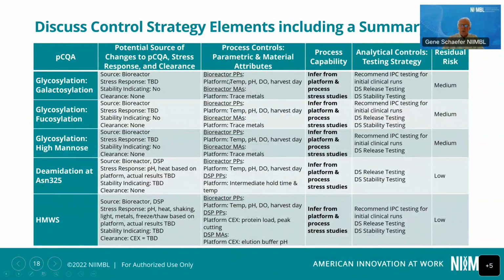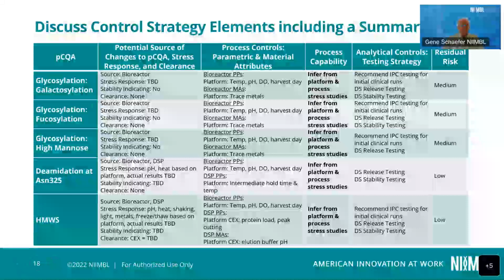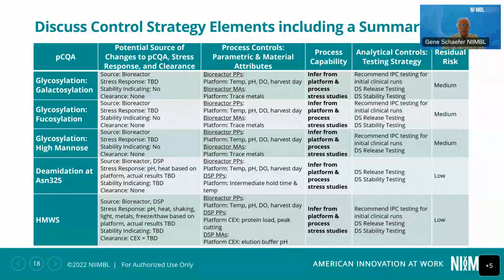Process parameters are usually based on platform values, platform understanding. And many of the more advanced analytical testing, analytical stress studies, accelerated stability, not yet been done. So they're really here in outline form as placeholders for later updates in the control strategy.